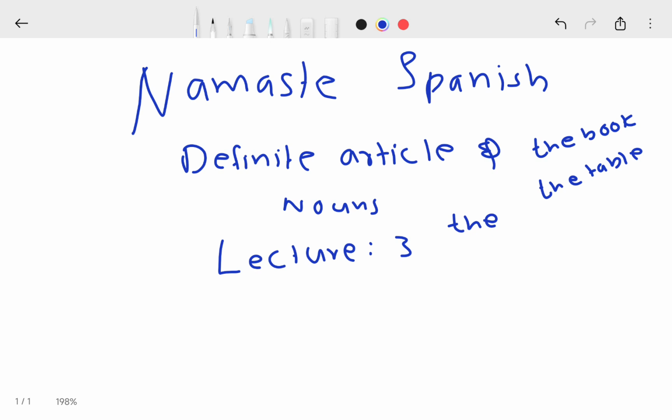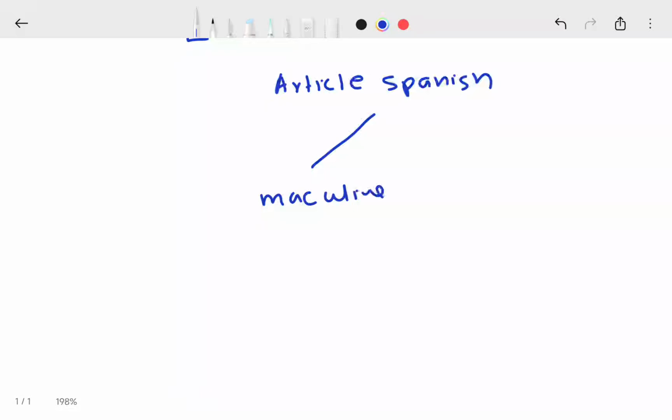Now in English, we only use the word "the", but in Spanish, we have four forms based on the gender. So let us understand step by step. So the article in Spanish will be based on gender, which means masculine and feminine.